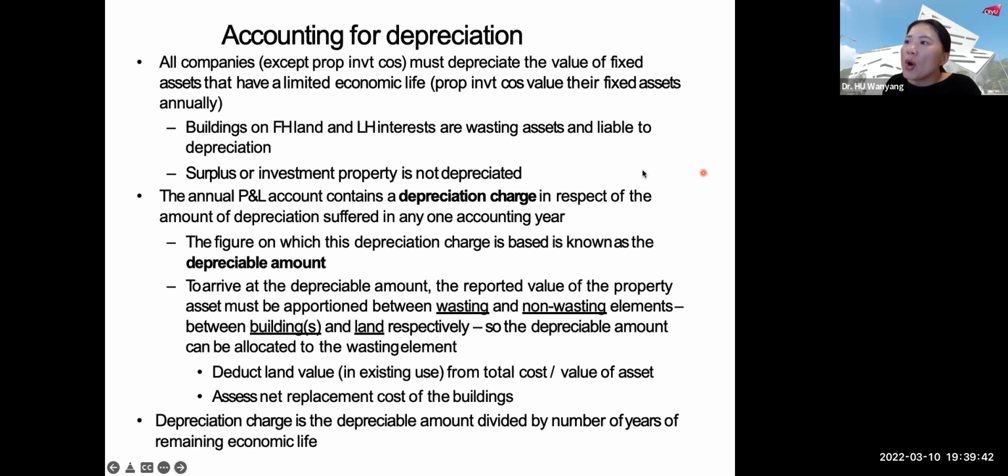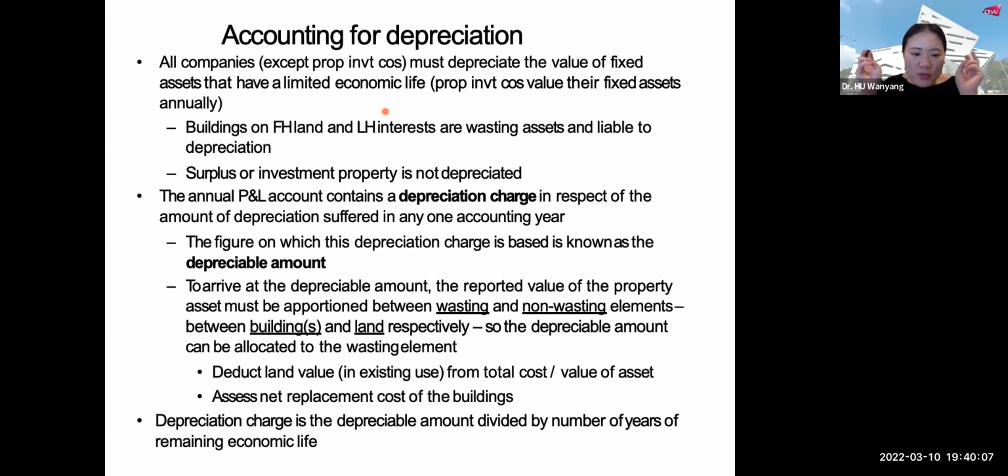Based on the evaluation code, all companies need to depreciate the value of fixed assets that have limited economic life. Sometimes we call it a wasting asset. A wasting asset is an item that has a very limited time span and will irreversibly decline over time.